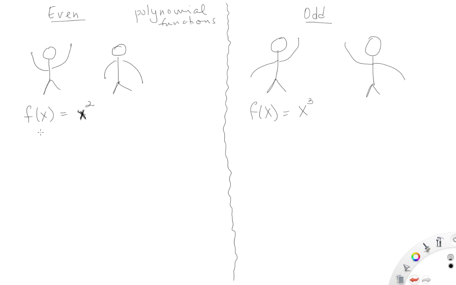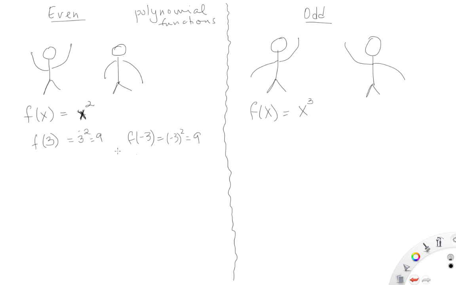Well, in this case, if I substitute x with a positive number, a positive 3, so I have f of 3, I'm getting 3 to the second power, which equals 9. And then if I plug in the same but the negative number, I get negative 3 to the second power.